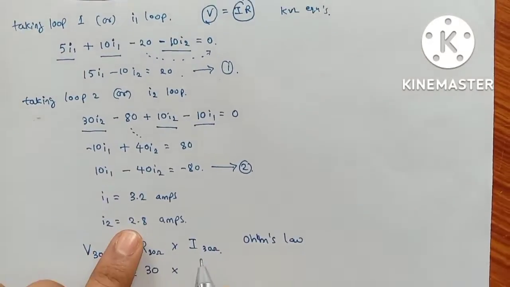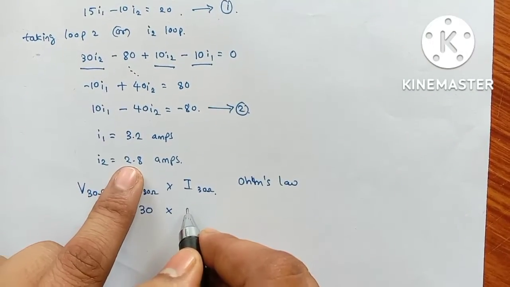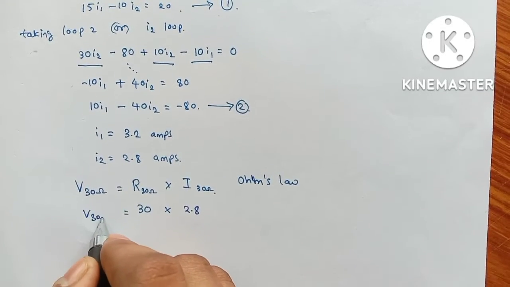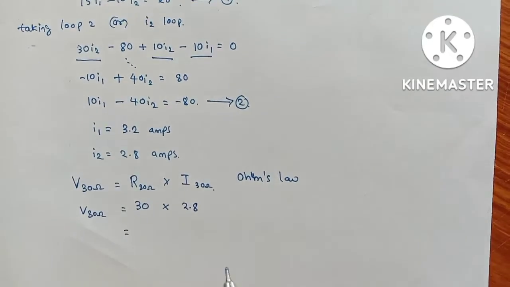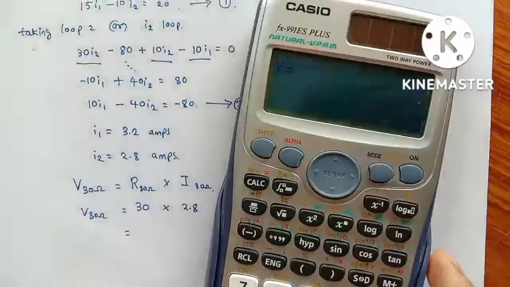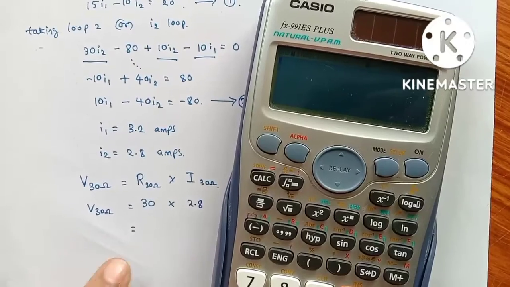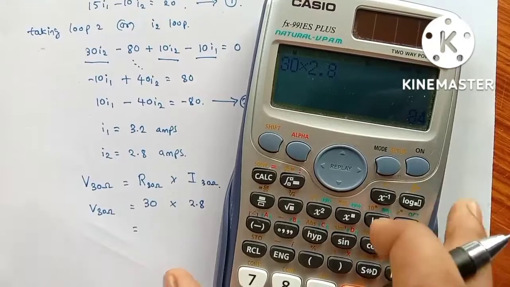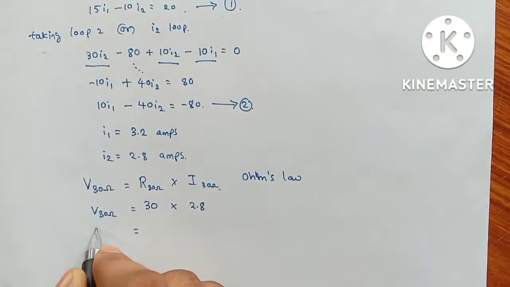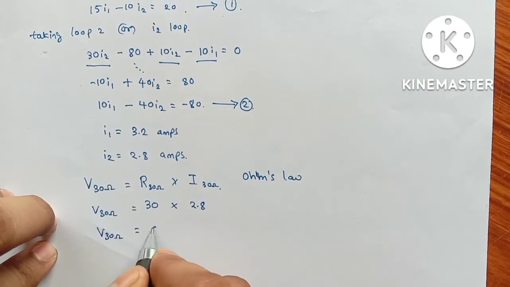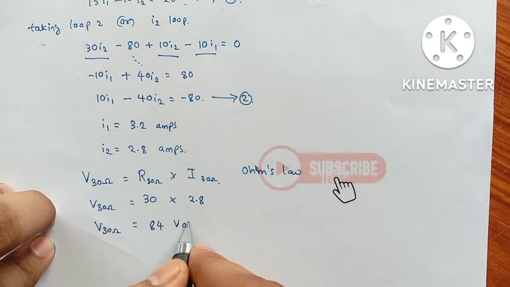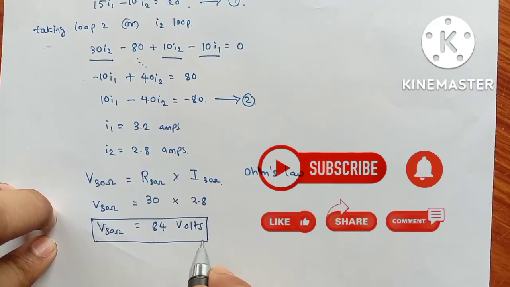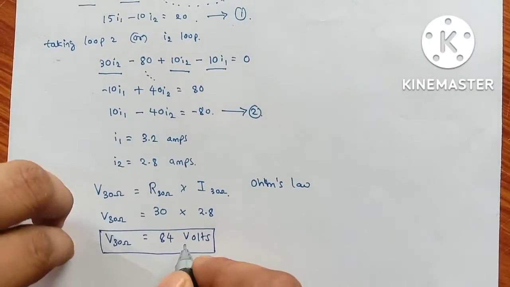I2 was derived as 2.8 amps, so the voltage at 30 ohms is 30 into 2.8. So the voltage at 30 ohms is equal to 84 volts. Finally, the voltage across the 30 ohms is 84 volts.